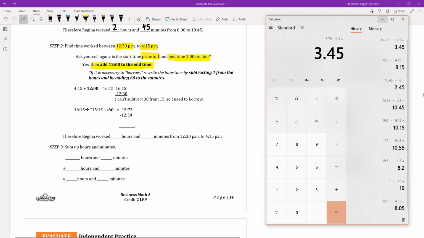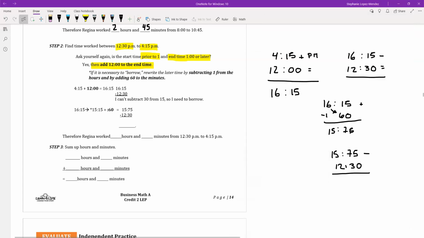That is a total of 3.45. 3.45. Okay, so I rewrite that here. Therefore, Regina worked 3 hours and 45 minutes from 12:30 to 4:15 p.m.